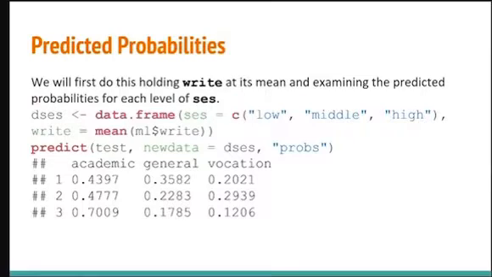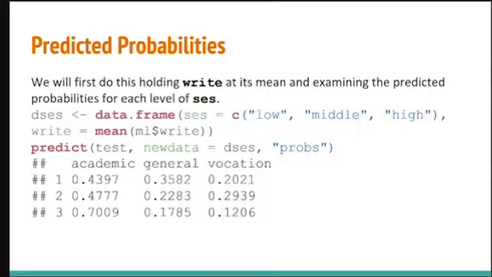Now here, we may actually want to predict the probability of those in the academic class, those in the general class, those that go for vocation, putting into consideration their socio-economic status.